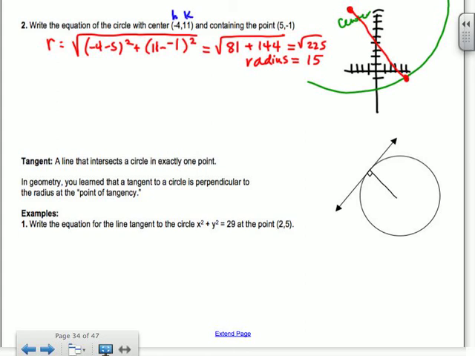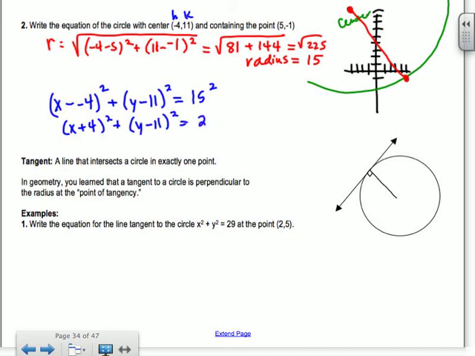That's h, k. So it's (x - h)^2, so x minus a negative 4, squared, plus (y - k)^2 equals r squared, equals 15 squared. So I get (x + 4)^2 + (y - 11)^2 = 225. And we never FOIL any of that out. We just leave it like that.